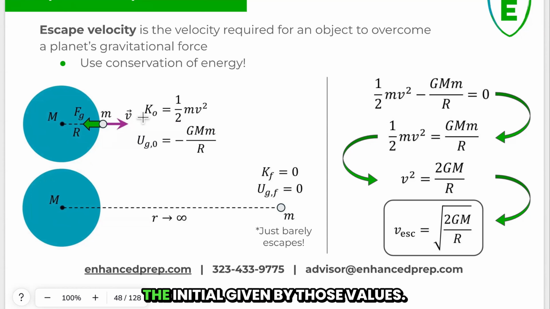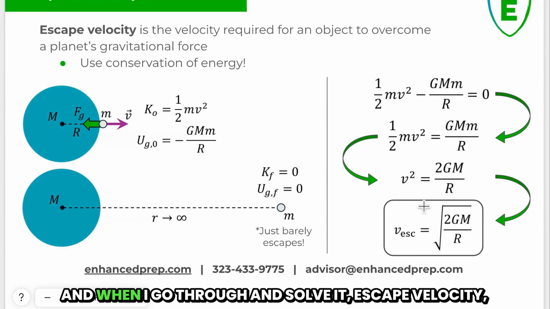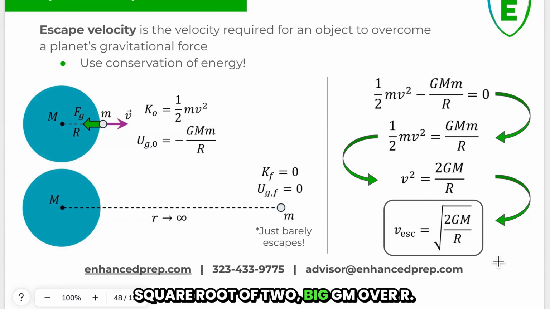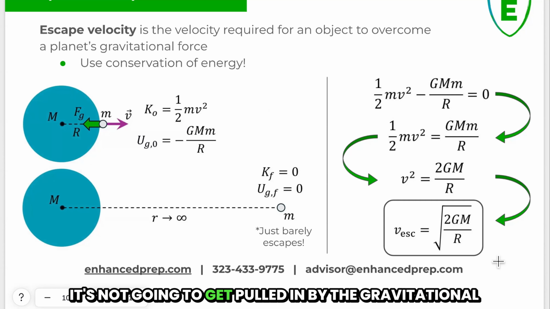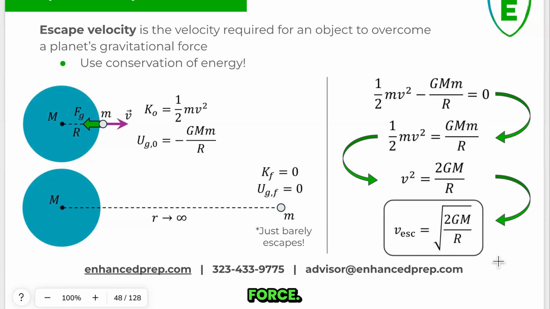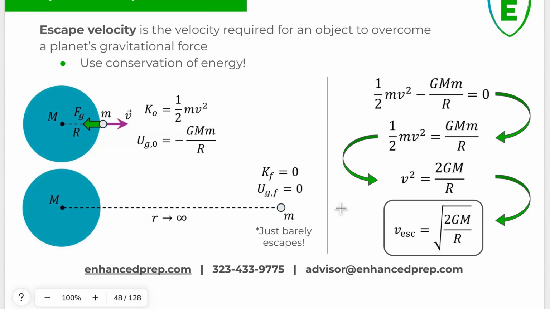The initial is given by those values, so when I set it up, those two have to equal 0, and when I go through and solve it, escape velocity is the square root of 2 big G m over r. So if any object getting close to a planet, or maybe close to Earth, has that escape velocity or even a little above it, it's not going to get pulled in by the gravitational force. It's not going to go into orbit or get stuck by that force.